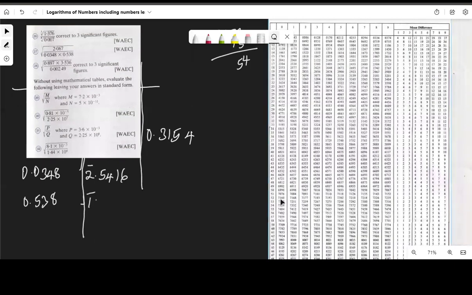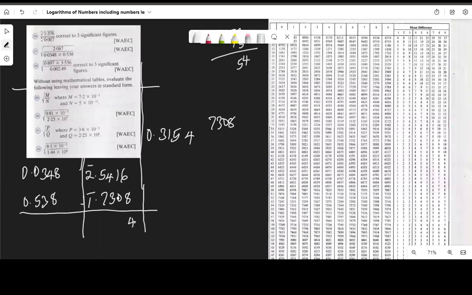I was looking at 53, which is here. 7308. Let me confirm that 53 under 8 is 7308. Okay, no difference here. Let me write it down. 7308.